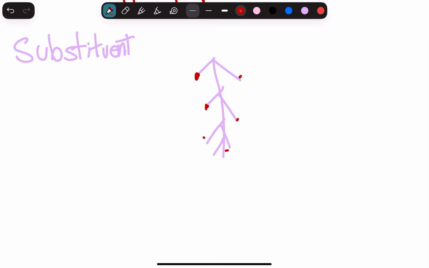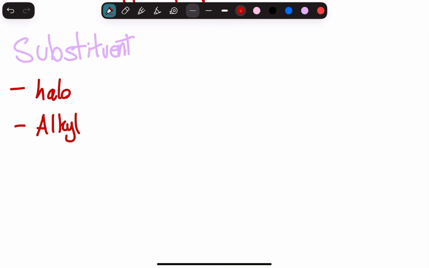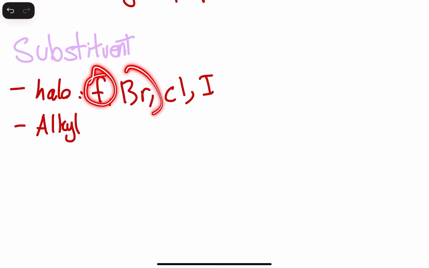So they can include 2 types. They can be halo groups or alkyl groups. Our halo groups are going to include F, Br, Cl, and I, and they all have their own prefix: fluoro, bromo, chloro, and iodo.